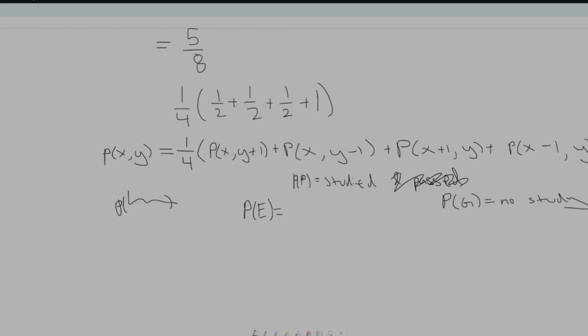So basically what the total law of probability says is that it starts with this.